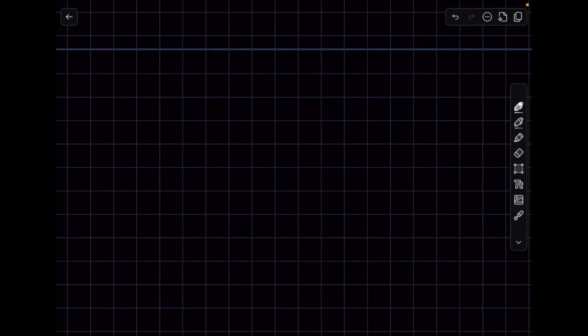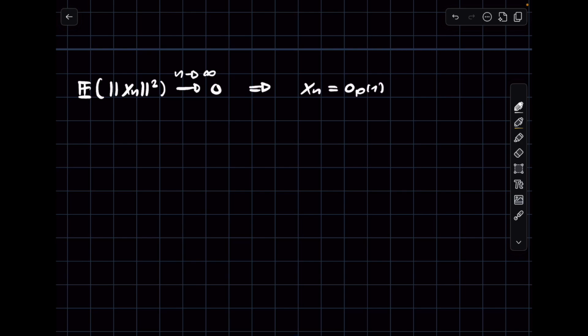Okay, so now we are taking the following exercise, let me write it. It approaches 0 as n goes to infinity, which leads to X_n going to o_p(1). What does this mean?